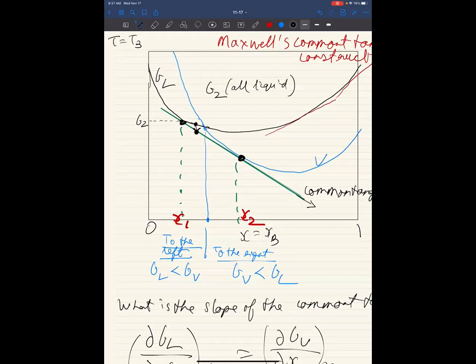And this would have higher free energy than having a certain amount of liquid with composition X1 and a certain amount of vapor with composition X2. So G2 is all liquid, and let's call this one G1, which is a mixture of liquid plus vapor.